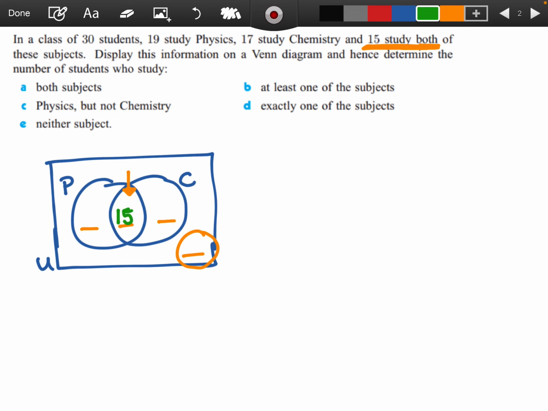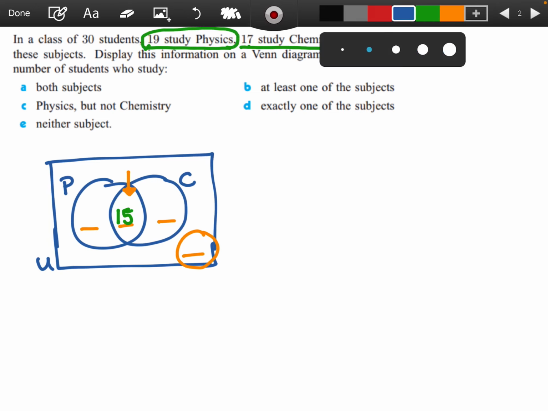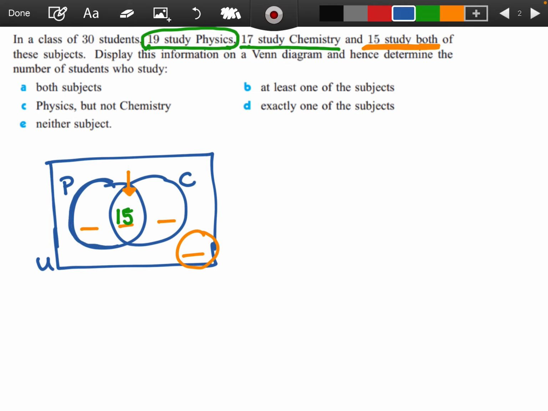So then we're going to go to either this 19 who study physics or this 17 who study chemistry. It's up to you which part you want to start with. Let's start with physics. So if 19 people study physics, that means that in my physics circle, I must have 19 people. I already have 15 people in that circle.